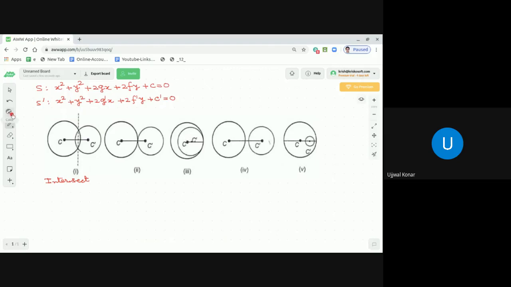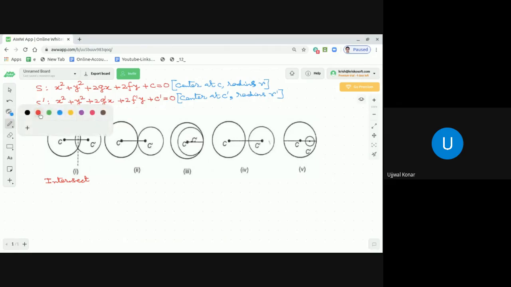So this circle has center at C and radius R, and this circle has center at C dash and radius, length of the radius, R dash.